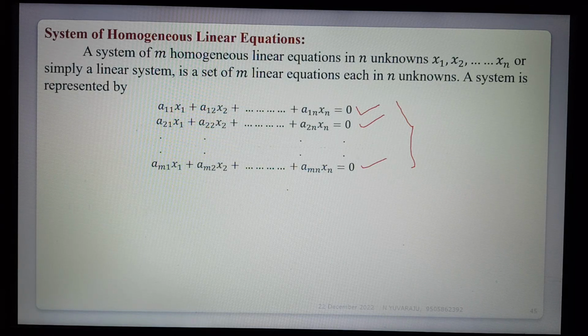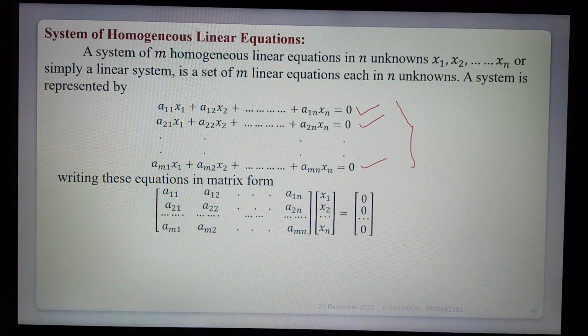Write this equation in matrix form, the same procedure. The coefficients of all the unknowns form A, and X is the unknown matrix, equal to the 0 matrix.